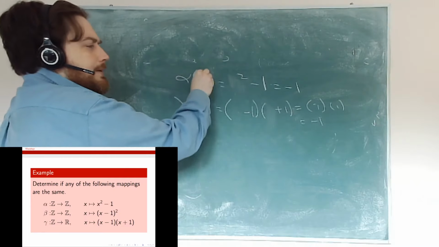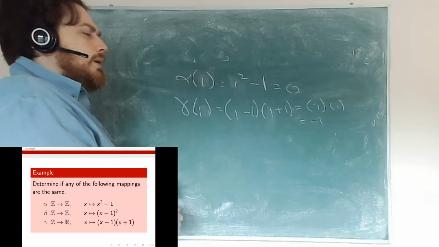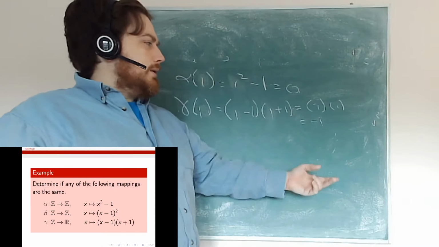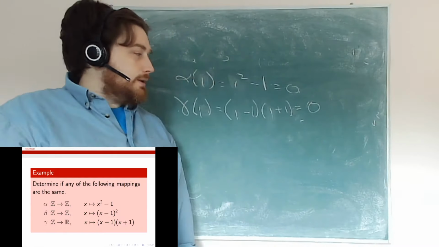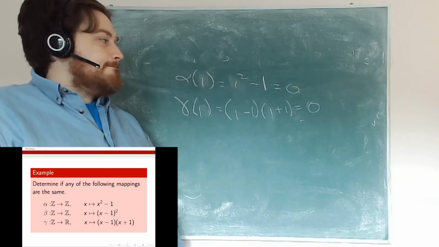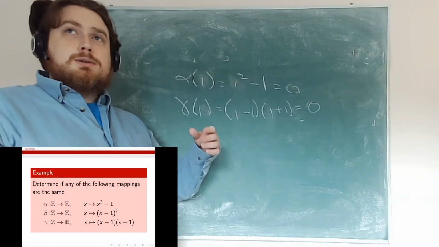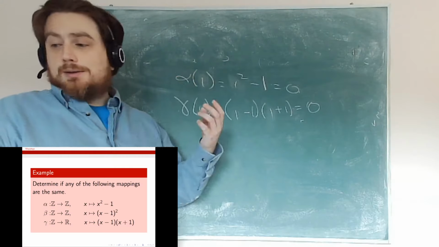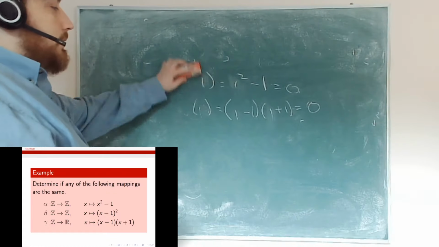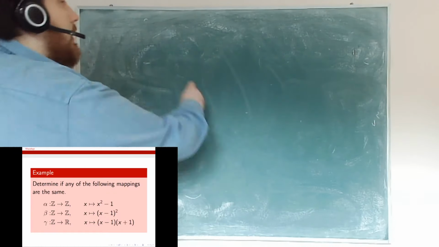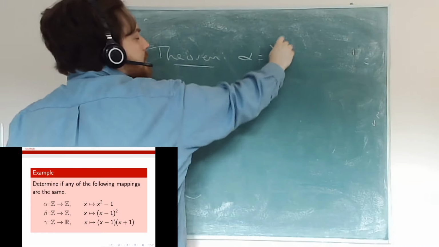If I plug in 1, I get 1 squared minus 1 is 0. For gamma, I get 1 minus 1 is 0 times 2 is 0. So if I plug in 1, I get the same thing both ways. Now, whether or not that's always true, we have to then prove, but at least the first couple examples make us believe that these are actually going to be the same thing. So that means for our proof, we're going to gear it towards showing that they are equal. So our theorem is alpha is equal to gamma.